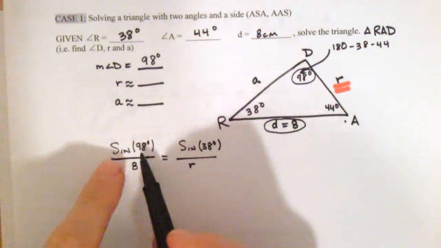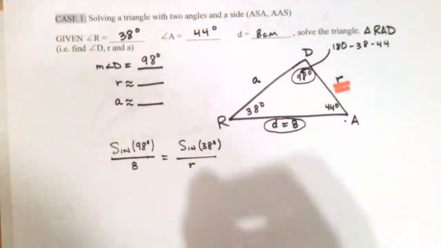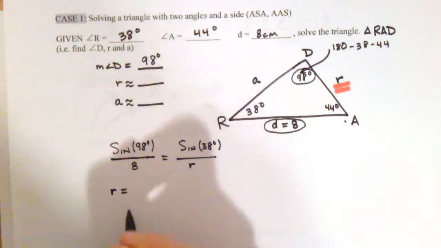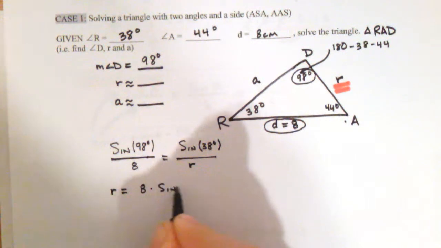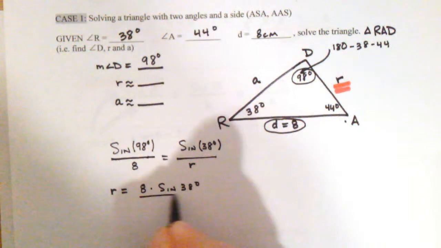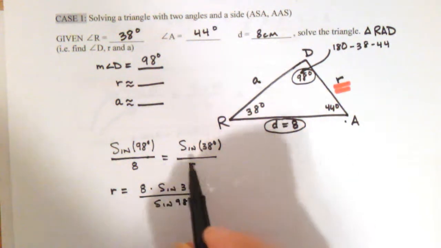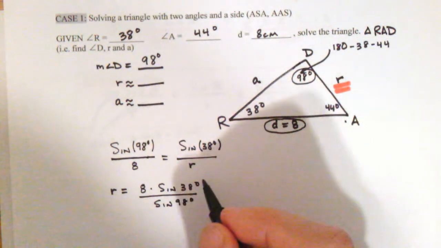You now have an equation where you can plug in the sine of 98 and the sine of 38 degrees and solve. When you do a little bit of algebra here, you'll find that R is equal to 8 multiplied by the sine of 38 degrees divided by the sine of 98 degrees. And I did that just by cross multiplying and doing a little bit of algebra after that.